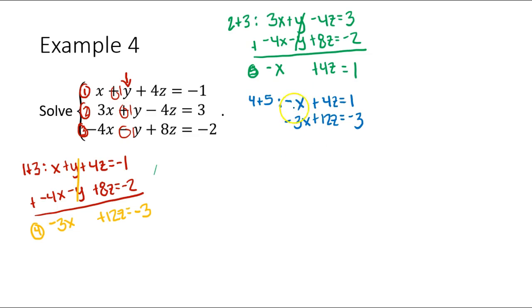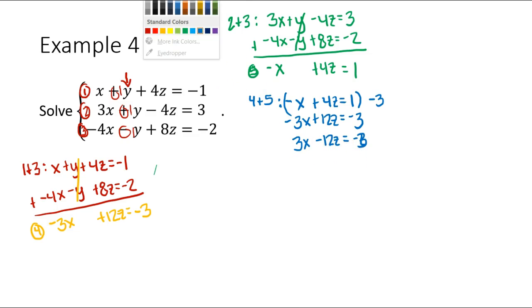Since I'm going to eliminate the x's, I'm going to multiply this top one by a -3. The negative, because I want to change that sign to a positive, so these have opposite signs, and then I want a 3 right here so that they'll cancel out. That's going to give me a positive 3x minus 12z equal to -3. Oops, -3. All right, let's add these together.